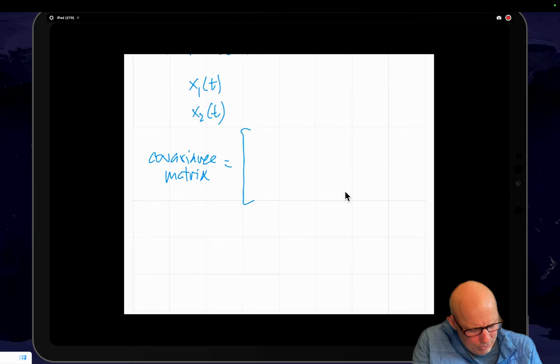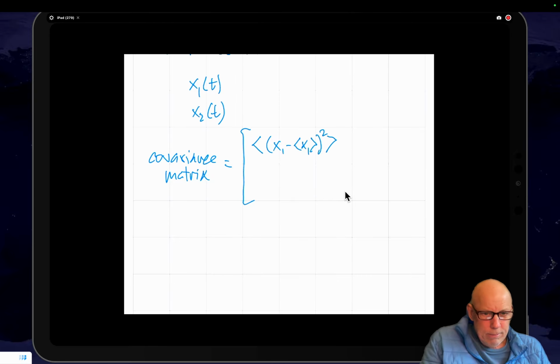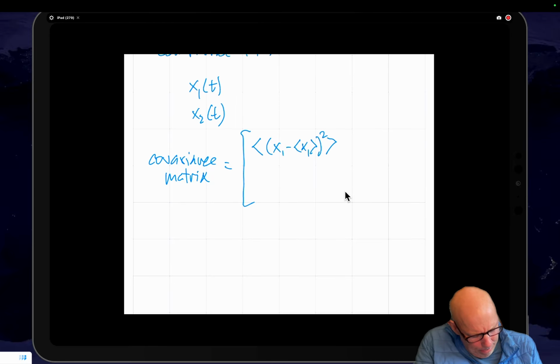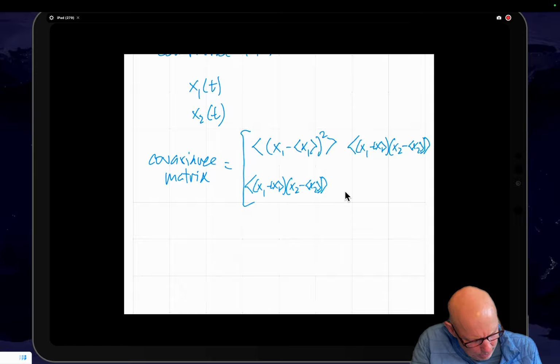That's this 2x2 matrix given by x1 minus x1 average, quantity squared and averaged. And then I can here put x1 minus x1 average times x2 minus x2 average. And I will copy that and place it down here.